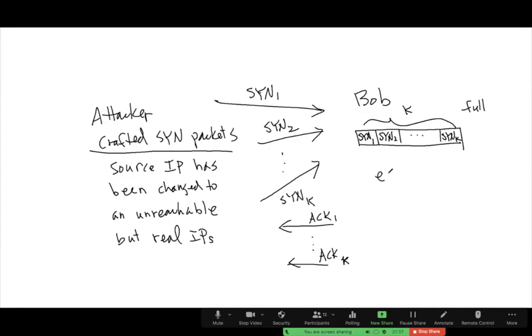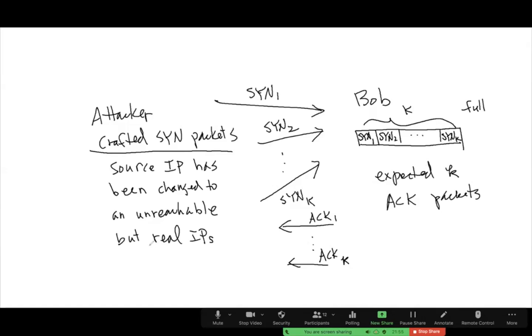So Bob expected K acknowledgement packets. But since these source IPs are not reachable, Bob will never get these packets back.